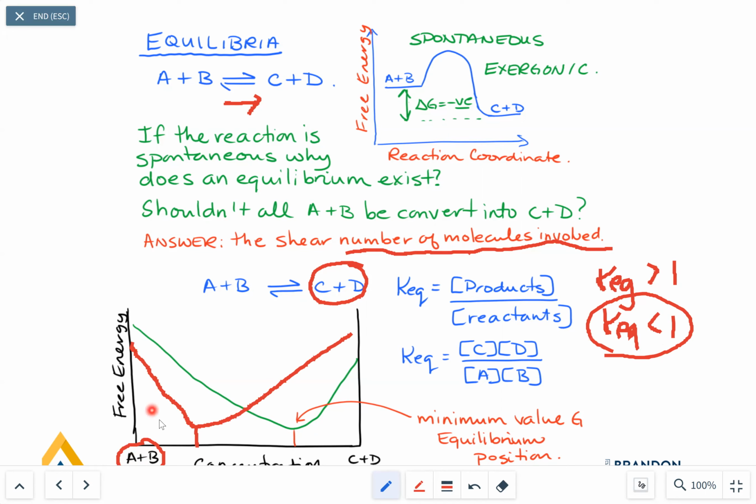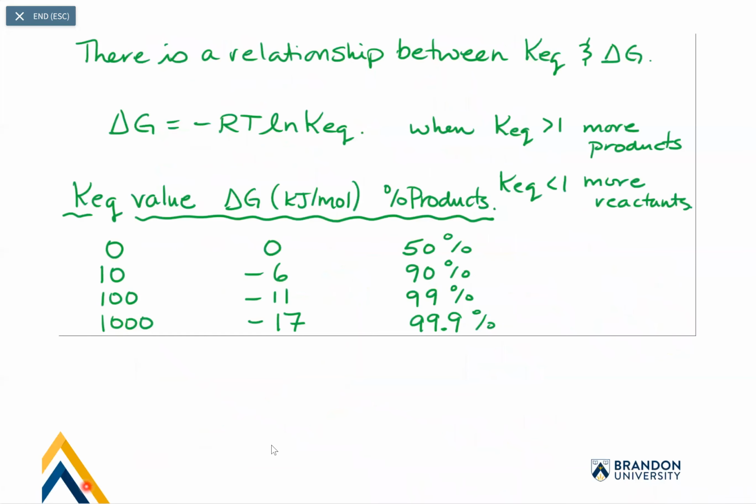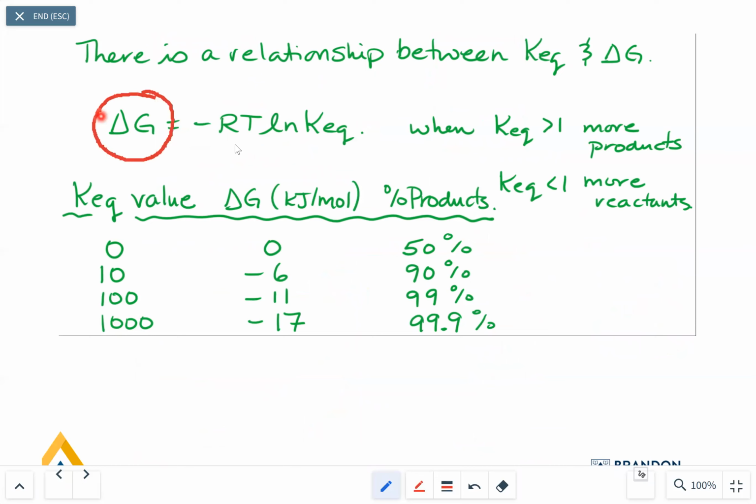But there is a relationship between free energy and the equilibrium constant, and that's what we're going to get to in the next stuff. So delta G equals minus RT ln of the equilibrium constant. Depending upon where the equilibrium is, the percent products are going to be different, and you can just plug these things into this equation.